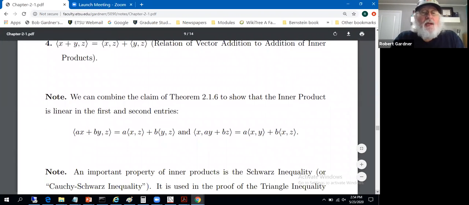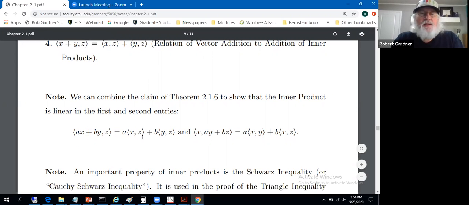And as mentioned, we stated these claims up here in the theorem in terms of the behavior of scalars interacting with the first component, and this vector addition as applied inside the first component of the inner product. Yeah, it works in the second component as well.